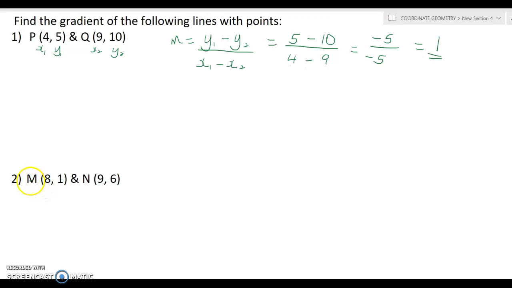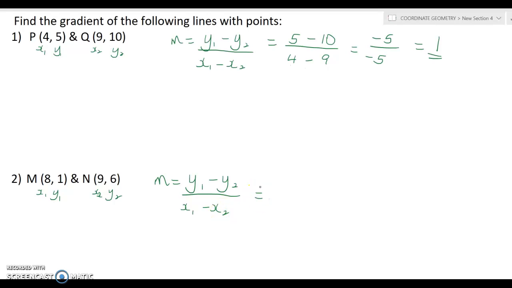So number 2, we have M is 8, 1, so this will be x1, y1, and N is 9, 6, so again, x2, y2. Again, using the formula for the gradient: y1 take away y2 all over x1 take away x2. So let's go.